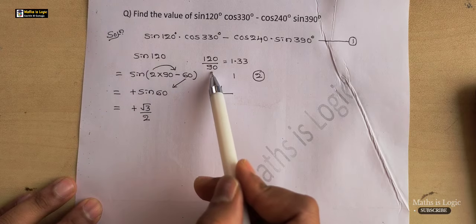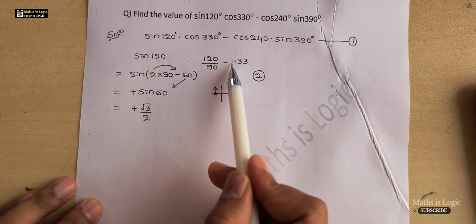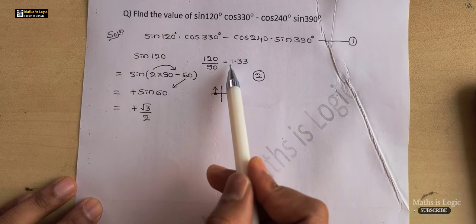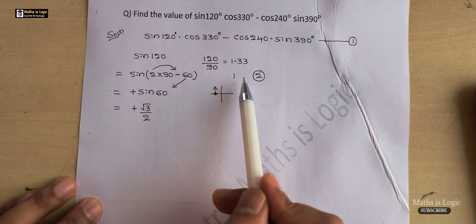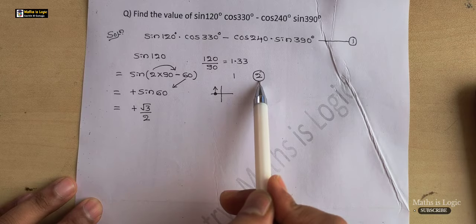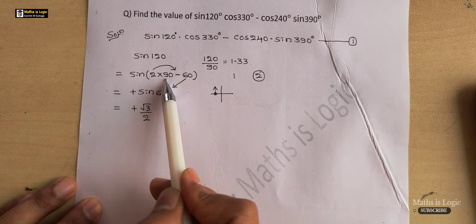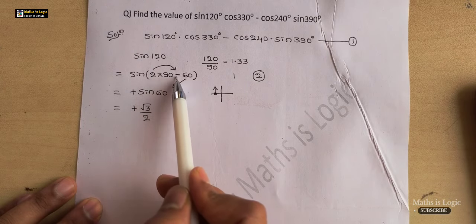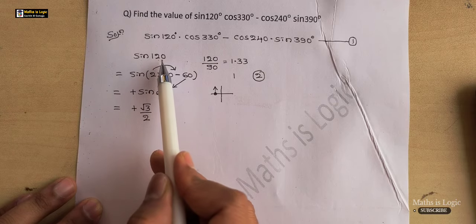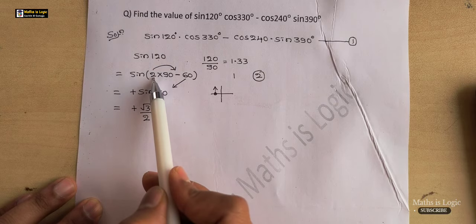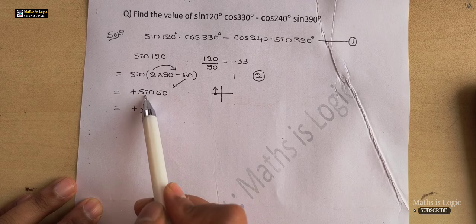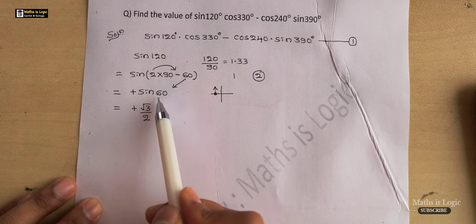This 120 divide by 90 first, we will get 1.33. That means 1.33 comes in between 1 and 2, go for even number, therefore 120 can be written as 2 into 90 is 180, 180 minus 60 is 120. So because of even number, sine remains sine, at the end 60 degree is there, keep that 60 degree as it is.